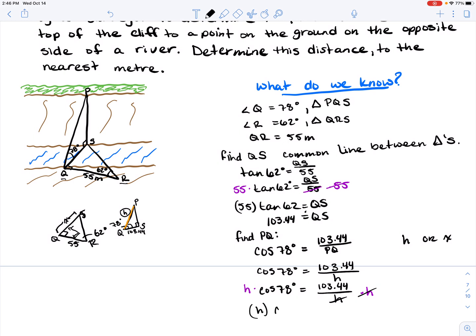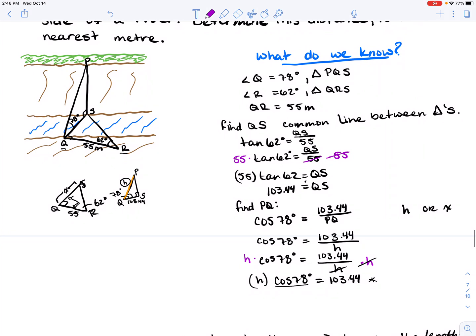So I have h times cos 78 equals 103.44, and I need to move my cos to this right side. So I need to divide both sides by cos 78. So then obviously these cancel out. So h equals 103.44 divided by cos 78 degrees.